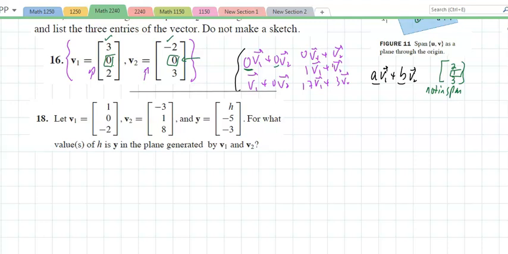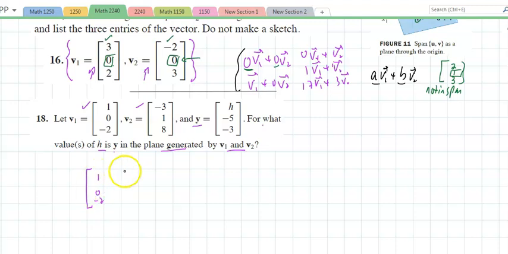And here we're checking. It says, let this be v1, let this be v2, and let this be y, some other vector. For what values of h is y in the plane generated by v1, v2? Basically, they're asking for what values is it in the span. So basically, this is what we're saying.